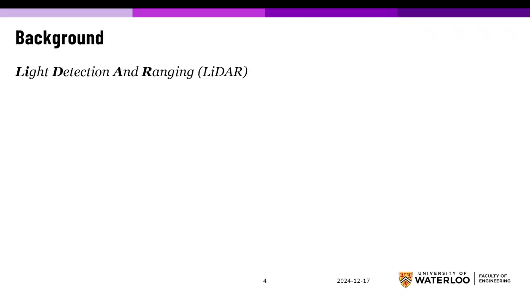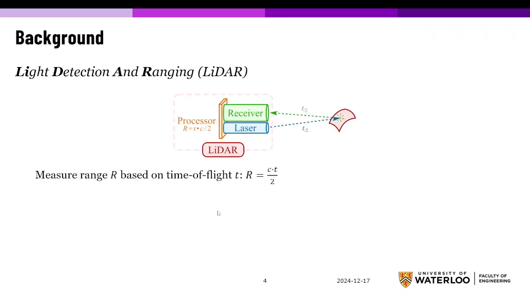So LiDAR sensor, LiDAR stands for light detection and ranging. It's a sensor that's used to measure range, hence the name. And typically a LiDAR sensor will contain three major components. First of all, we have a laser, which will shoot out laser beams aiming at specific target.